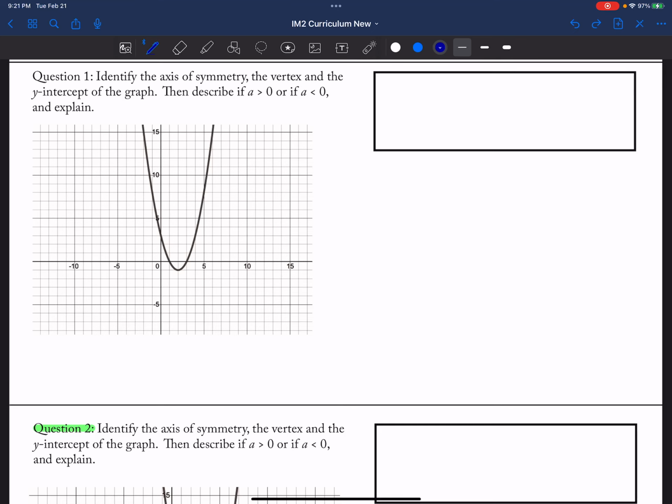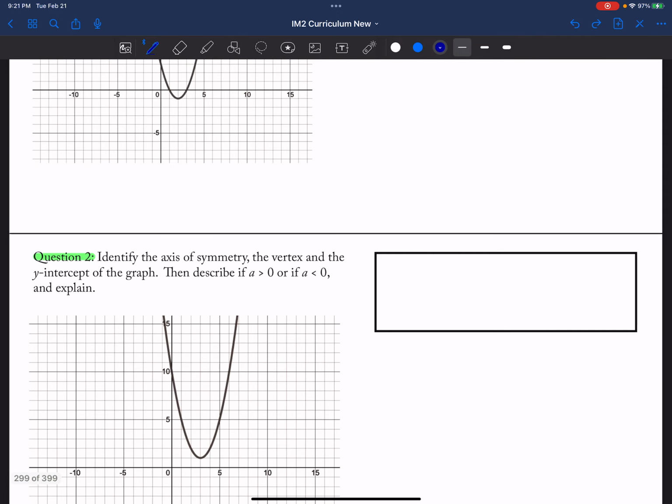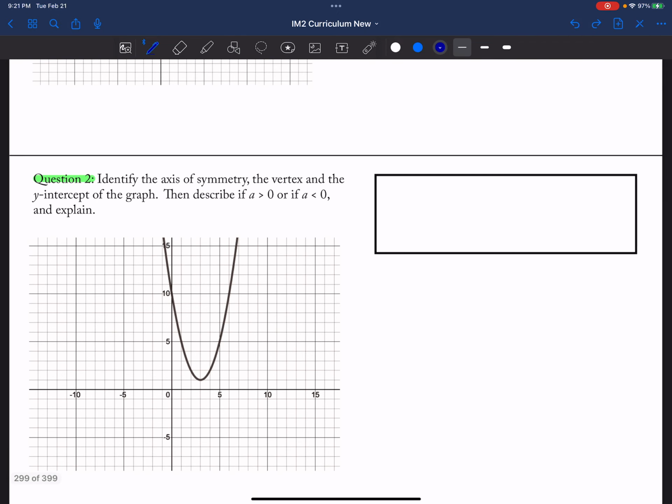Okay, so let's go ahead and take a look at the even ones. I'm going to identify the axis of symmetry, which in this case is right through the vertex, which is at 3. So my axis of symmetry is x is equal to 3.